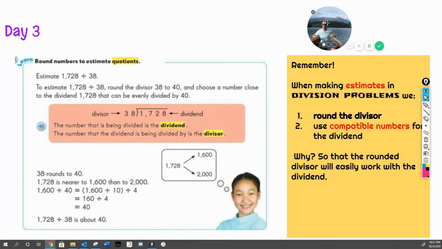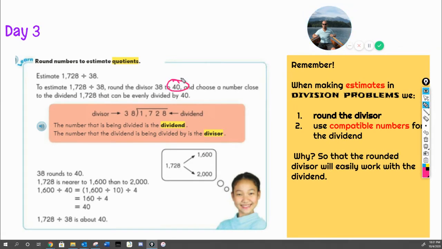In order to estimate quotients, the estimation and the long division tie really well together, because when you do the estimation, that kind of gives you your starting point when you're trying to come up with the quotient. So for example, in this one, we're estimating 1,728 divided by 38. The first thing you're going to do is round your divisor, your smaller number. In this case, they're rounding 38 to 40. Then I'm going to look for a number close to 1,728 that I can divide by 40.